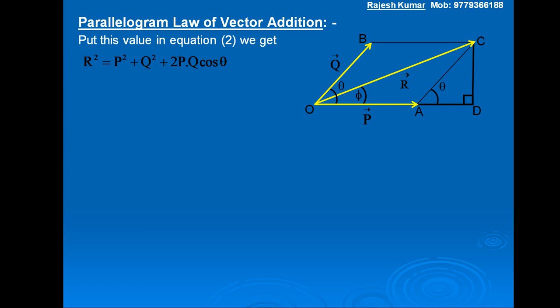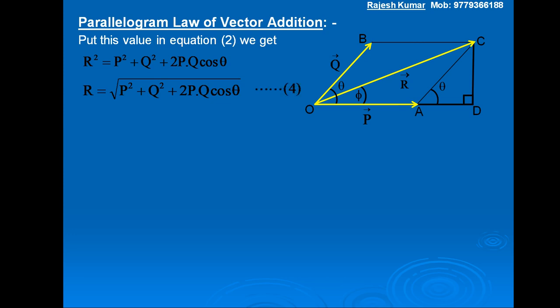So we get R square is equal to P square plus Q square plus 2PQ cos theta. Taking square root, we get capital R, the magnitude of resultant vector, equal to square root of P square plus Q square plus 2PQ cos theta.